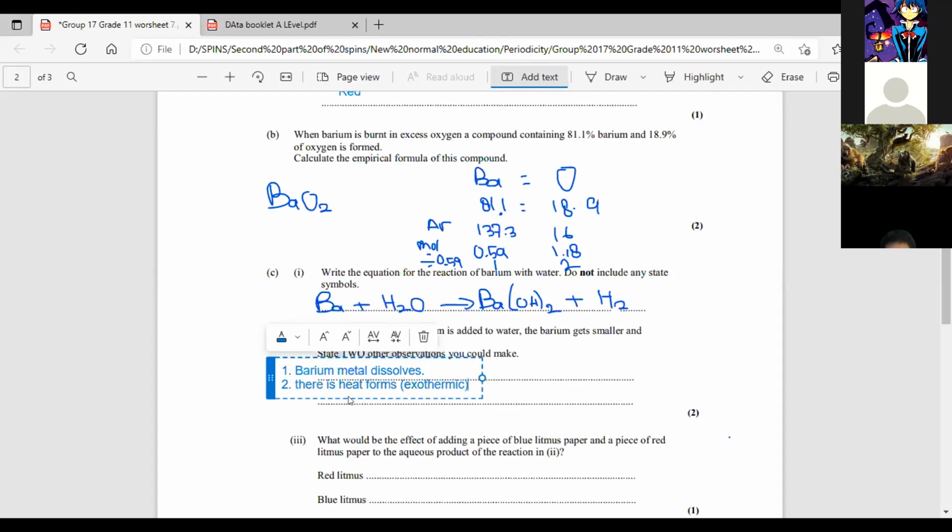And then the third, there are bubbles of hydrogen gas.